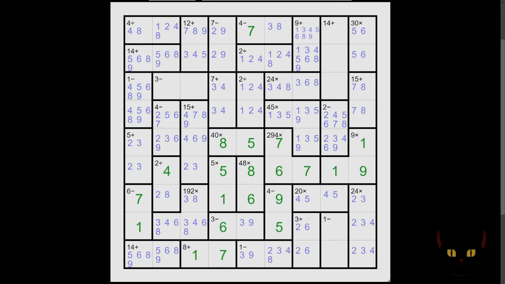I'm getting low on clues here. Just gonna look. That column has used its skills. See, 3, 4, and 8, 3, 4, and 8.